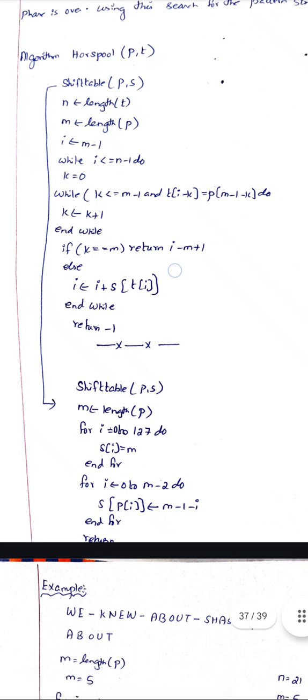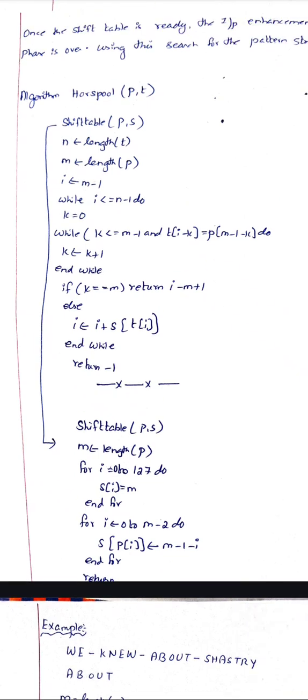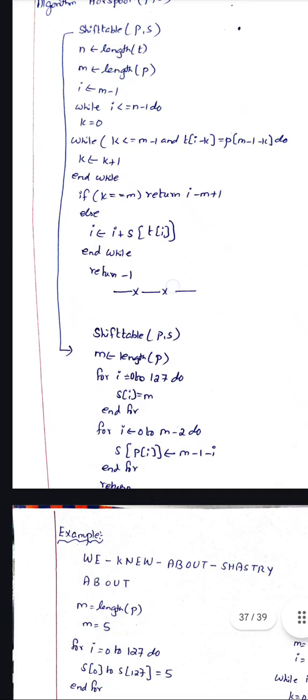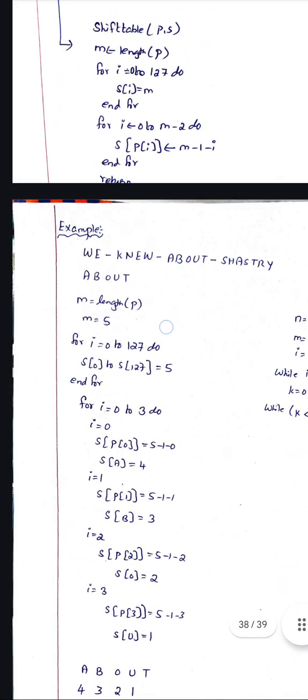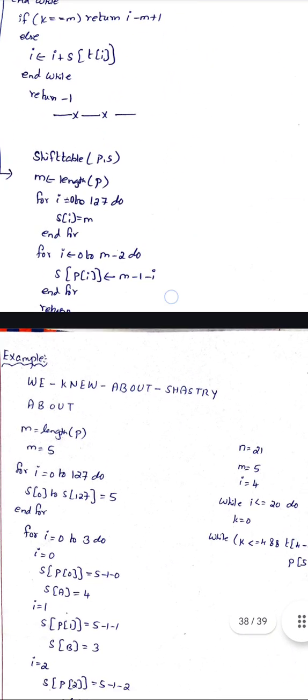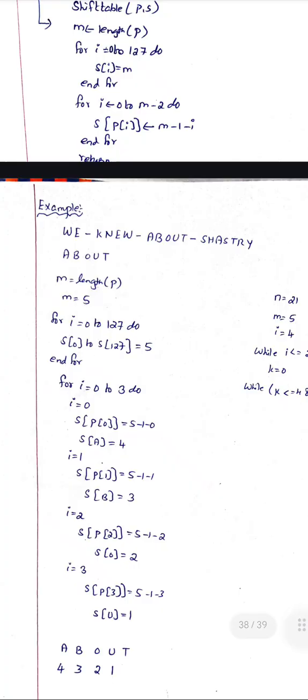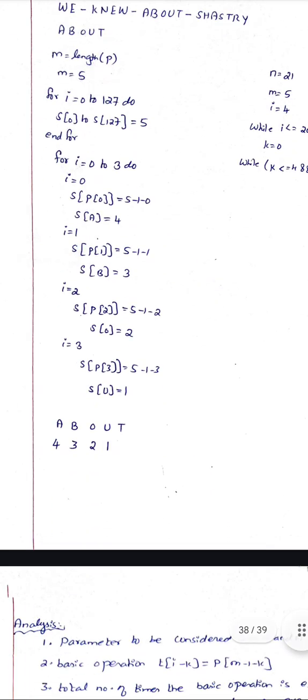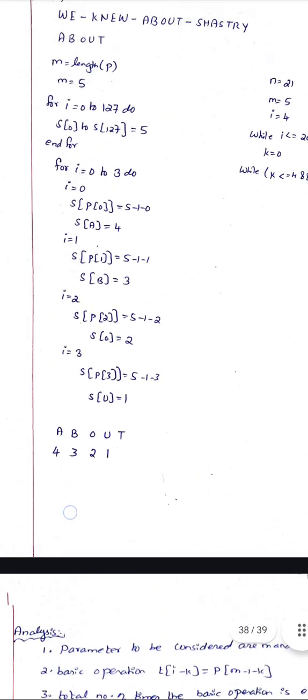So then the algorithm of the shift table is here, and the shift table of P comma S is written like this. The pattern which we have to find is BOUT. For BOUT, we have this shift table as 1, 2, 3, 4.